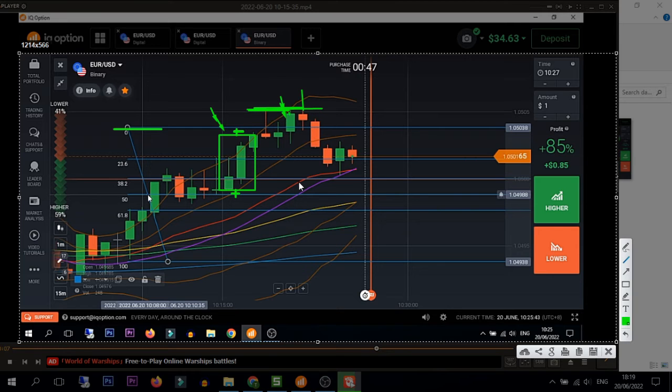There is still a chance that a fake breakout happens here, because this is probably a weak candlestick, and the breakout is not breaking this weak one, okay.